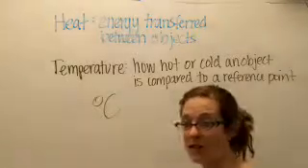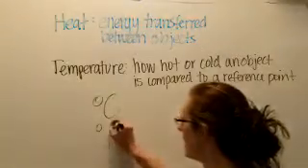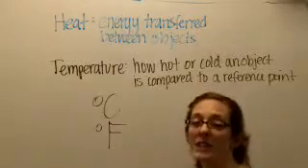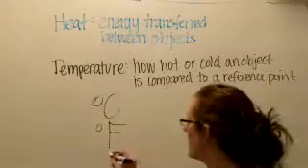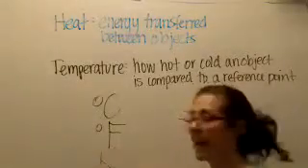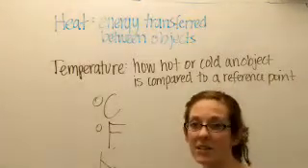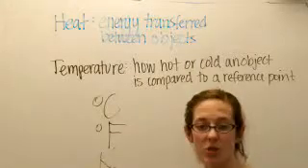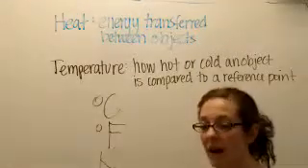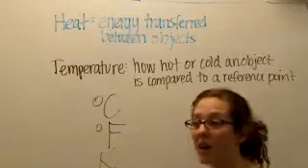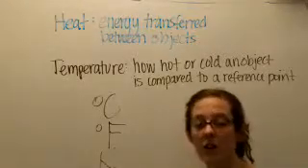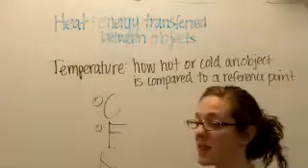We would label it degrees Celsius. A common one that we use is degrees Fahrenheit. And one that we will commonly use in physics is Kelvin. Notice that there's no degree sign before Kelvin. It's just Kelvin. Now, you'll also be asked periodically to convert from one form to another, from Celsius to Fahrenheit.